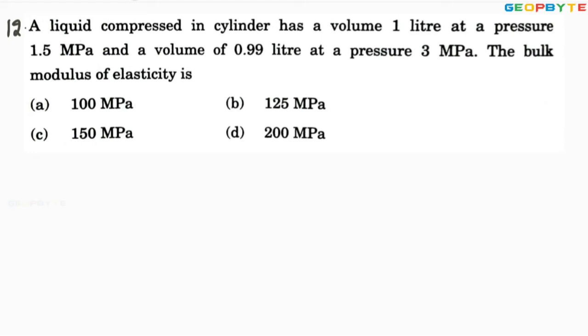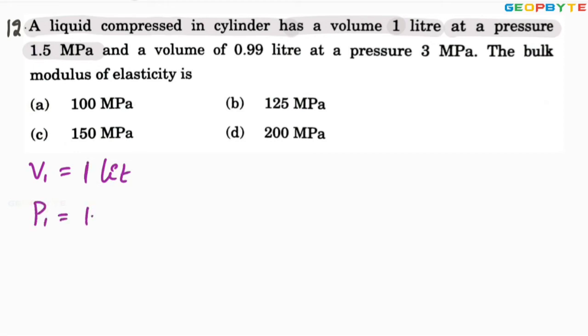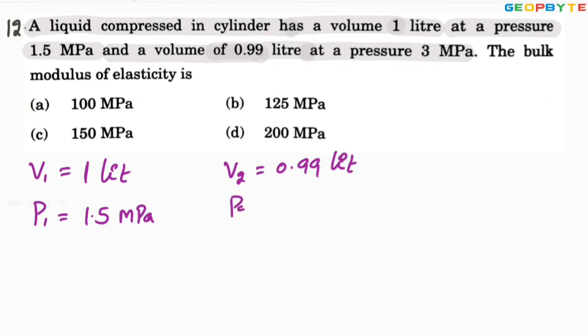Look at the 12th problem. A liquid compressed in a cylinder has a volume of 1 liter at a pressure of 1.5 megapascal, that is, V1 equal to 1 liter at P1 equal to 1.5 megapascal, and a volume of 0.99 liters at a pressure of 3 megapascal, that is, V2 equal to 0.99 liters when P2 equal to 3 megapascal.